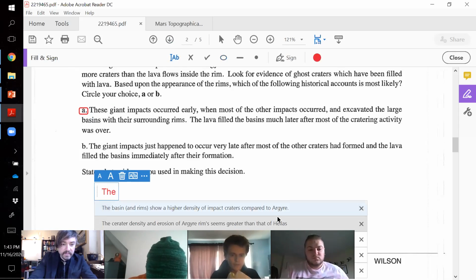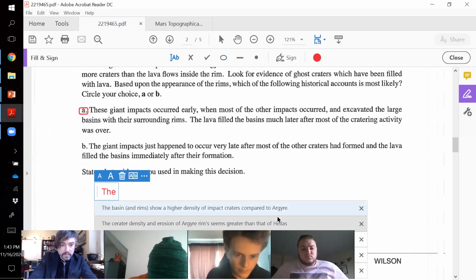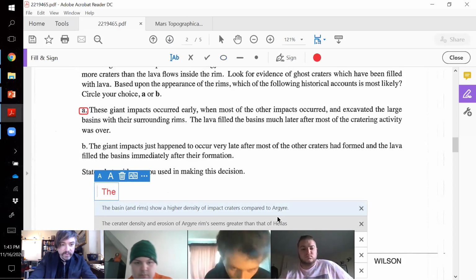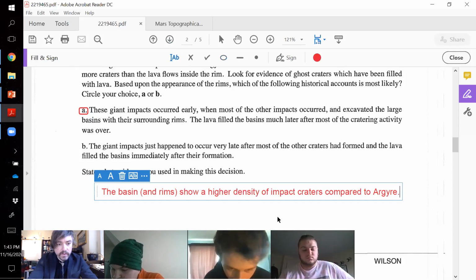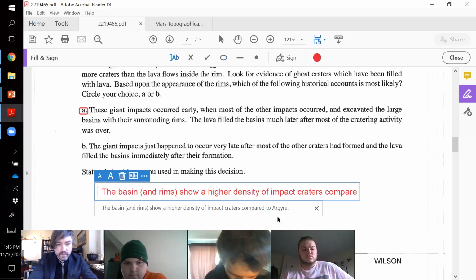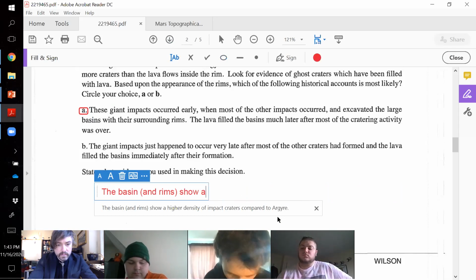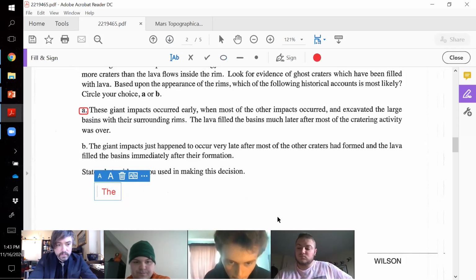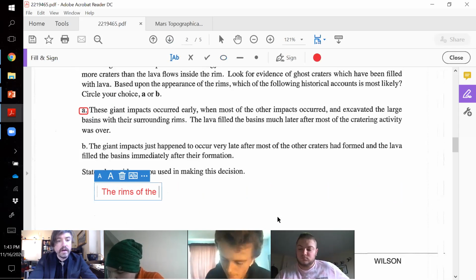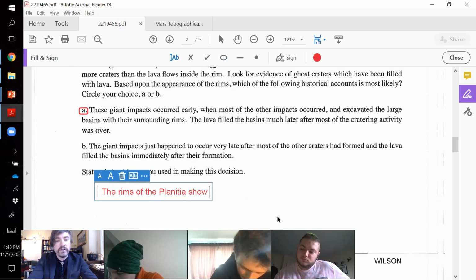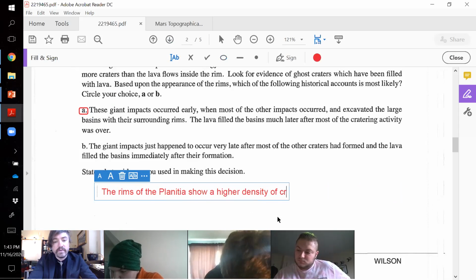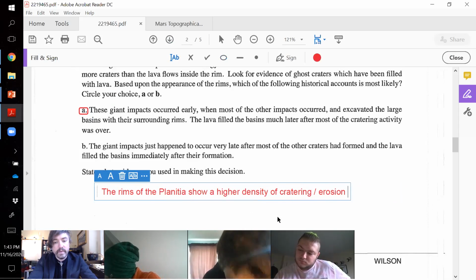the rims of the crater is what I want to say. The rims of the planitia show a higher density of cratering or erosion than the basins.